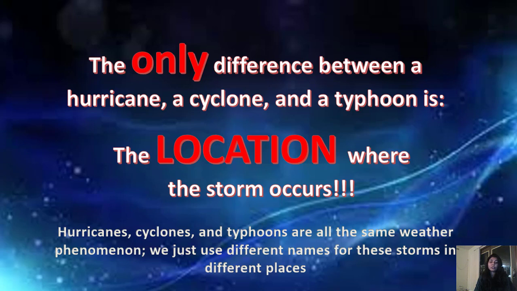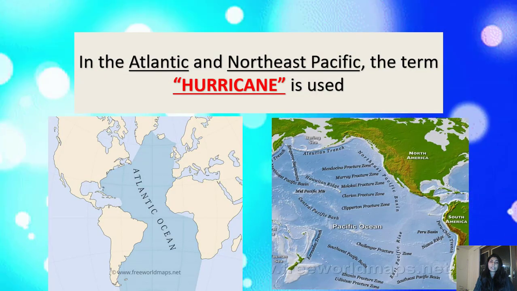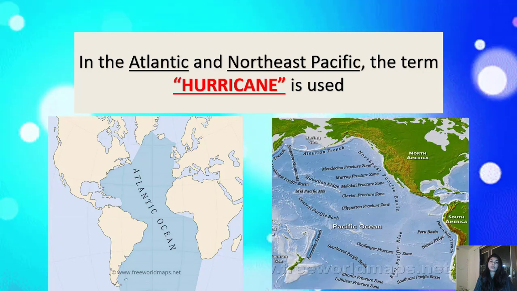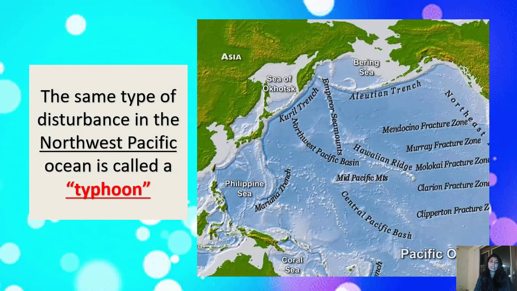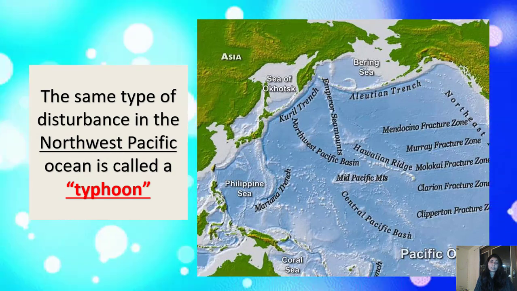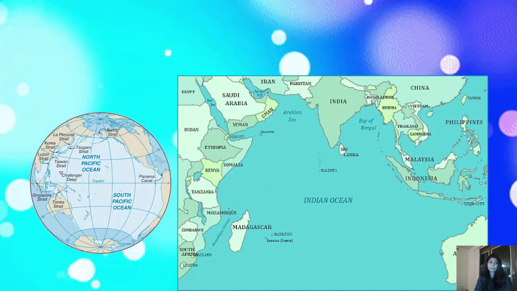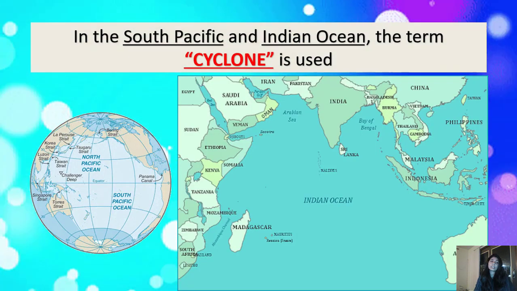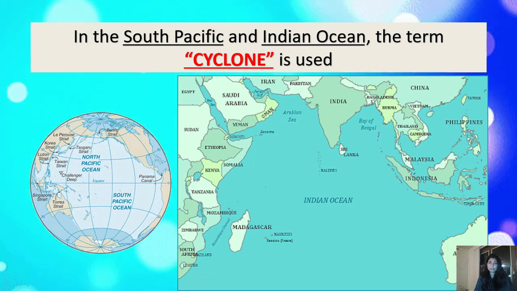We just use different names for these storms in different places. In the Atlantic and Northeast Pacific, the term hurricane is used. The same type of disturbance in the Northwest Pacific Ocean is called a typhoon, and in the South Pacific and Indian Ocean the term cyclone is used.